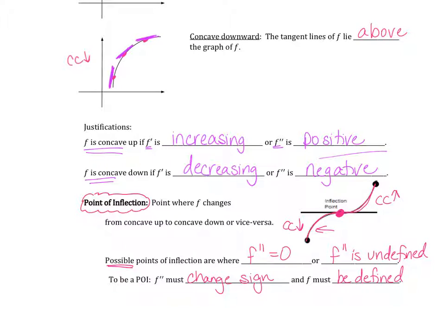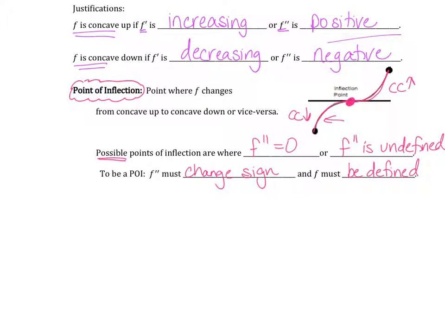And what I mean by that, let me show you an example of the defined part. If I drew a graph like this, just a standard 1 over x, this piece right here is concave down. This piece is concave up.